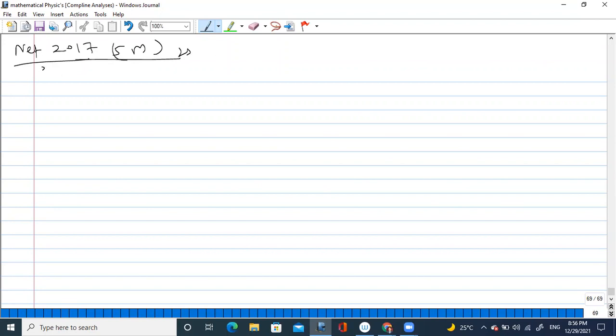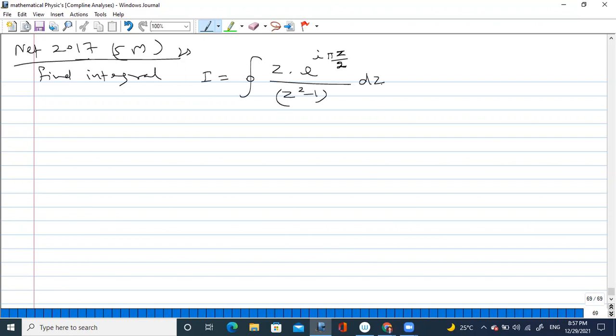The question was: find the integral I equal to the integral of z into e to the power i pi z by 2, divided by z square minus 1, dz, along the closed contour.